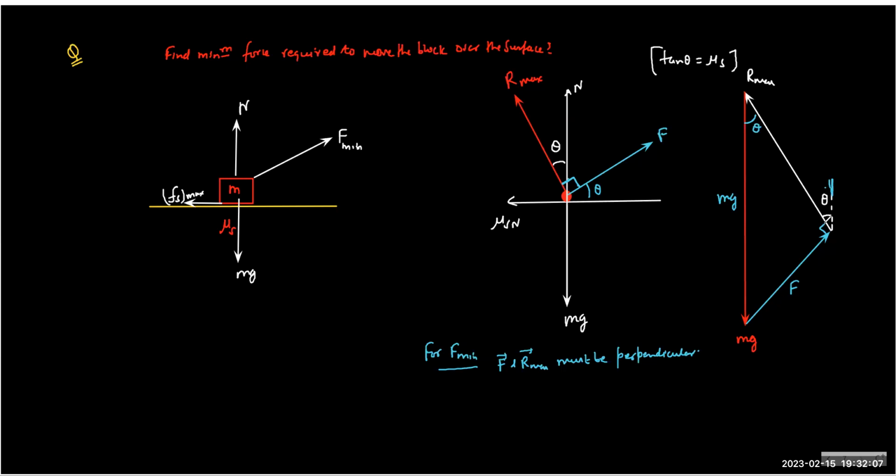If it is a right angle triangle, what is F from the triangle itself? In terms of mg, what is F minimum?